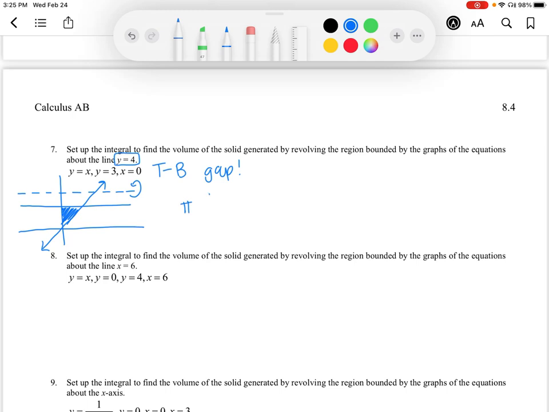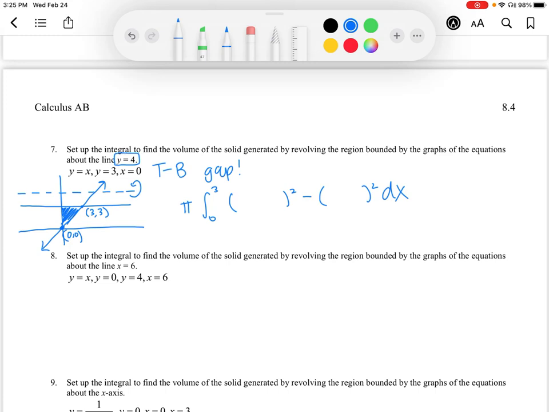So it is a top minus bottom, and there is a gap. So pi, the integral, and we're going to have a big radius minus a small radius with a dx, because it's a top minus bottom. So let's find our bounds. If it's just a line, that means this point is 0, 0, and this point is 3, 3. So we're going to go from 0 to 3.